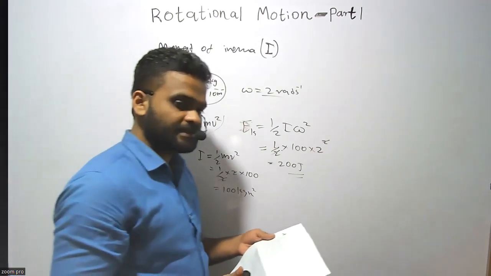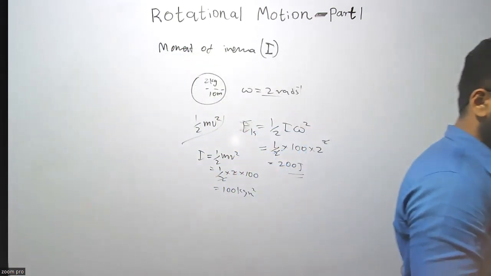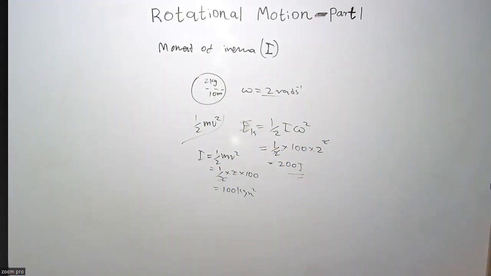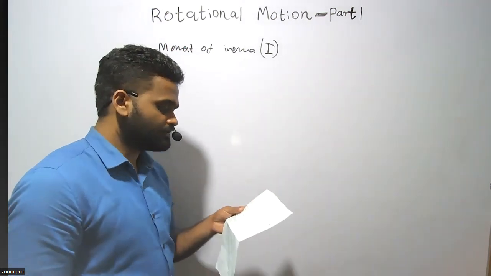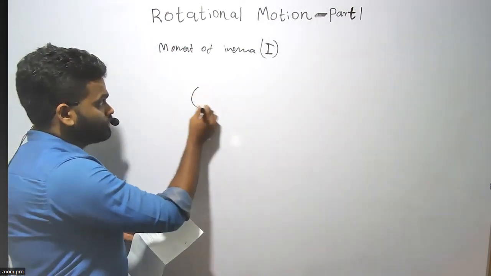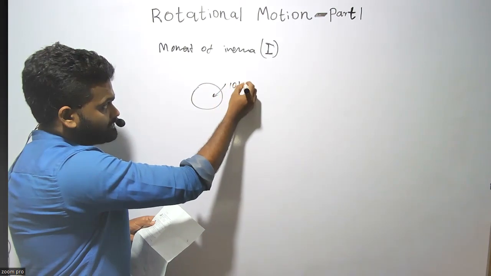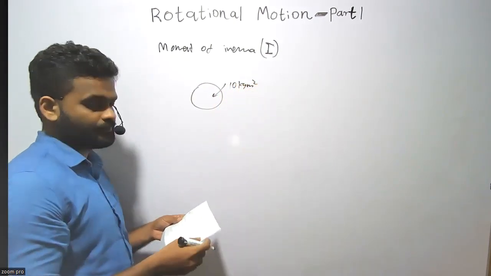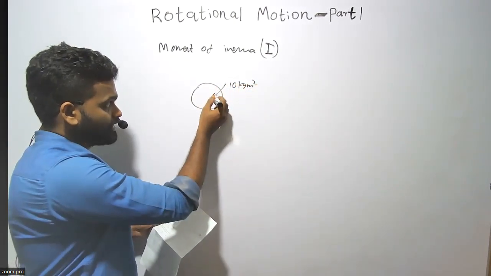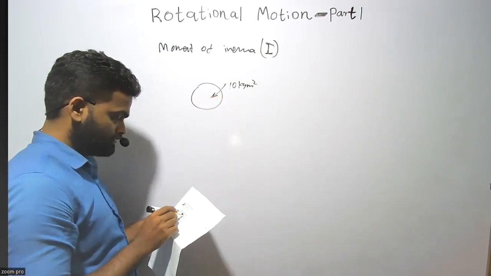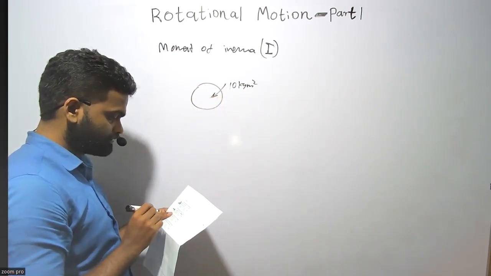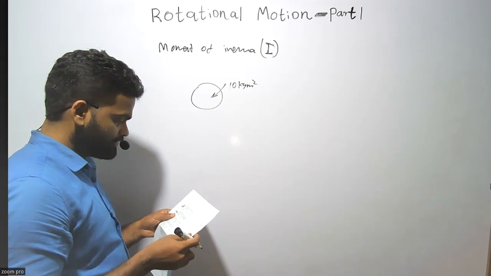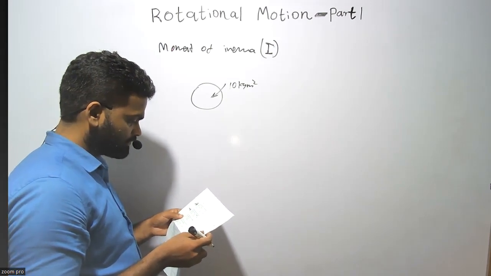Then you can try the 16th question. For that one also you just have to do that conversion. Work done when an object with 10 kg m squared, so this is the moment of inertia, is rotated 10 rounds, but they haven't mentioned the torque.